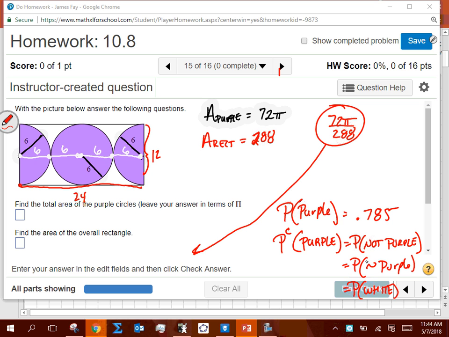But when I'm looking at knowing the probability of something, that something being landing in the purple, and I want to know the probability of not that something, can't I just take 1 minus that something? That's the complement idea, isn't it? So subtract that from 1, and you get 0.2146 as a decimal.